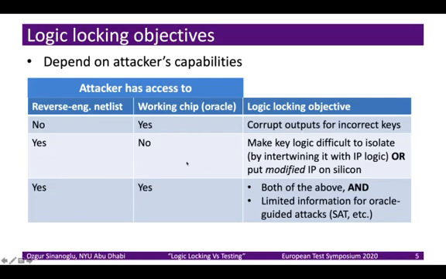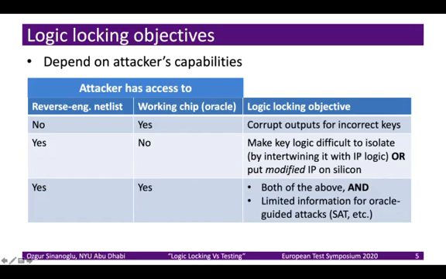In the second threat model, where we have this time the reverse engineered locked netlist, but not the oracle, the attacker's approach, if you remember, was to analyze the netlist. So in this case, we need to make it difficult for the attacker to isolate and remove the key logic and obtain the original design, which is the intellectual property.